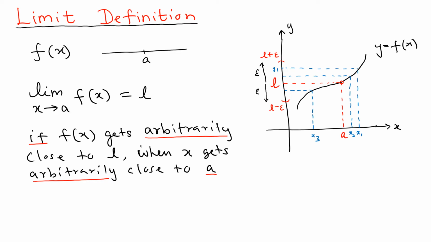That's what we call arbitrarily small. Arbitrary means epsilon can be any value. That's how we transform this word arbitrary: any epsilon greater than zero, because it's like a radius, so it will be a positive value.